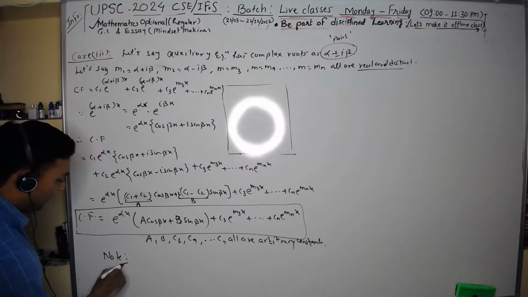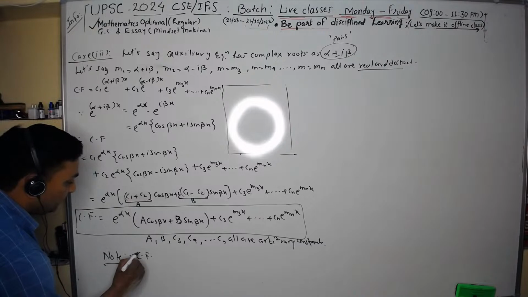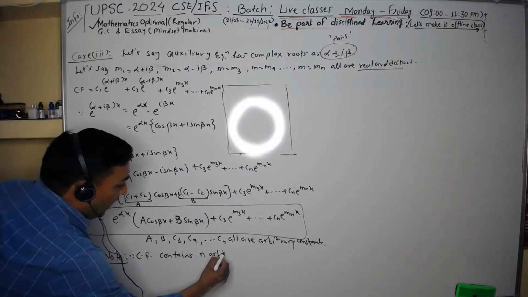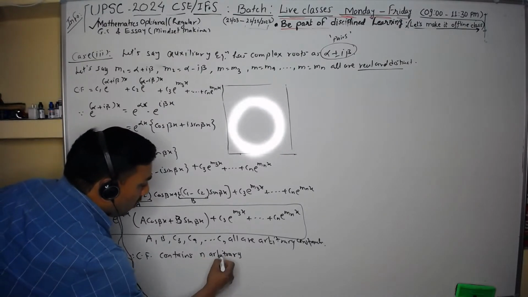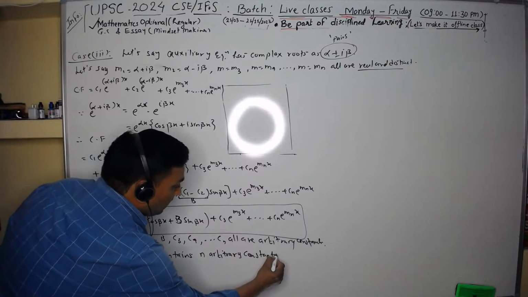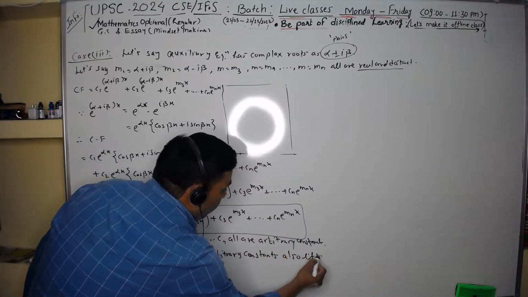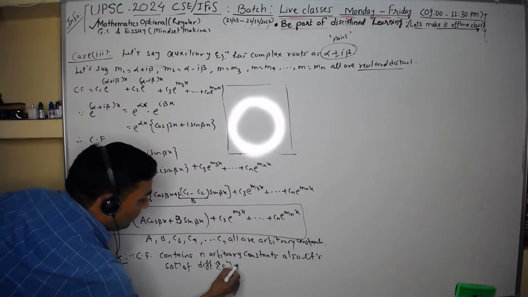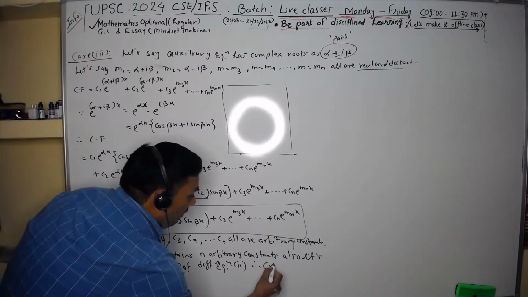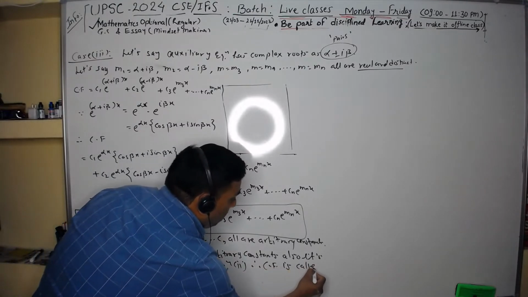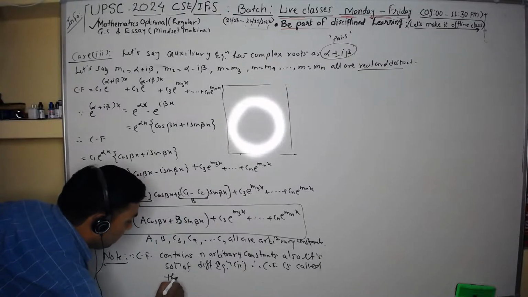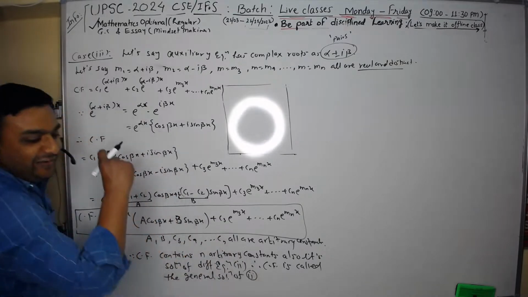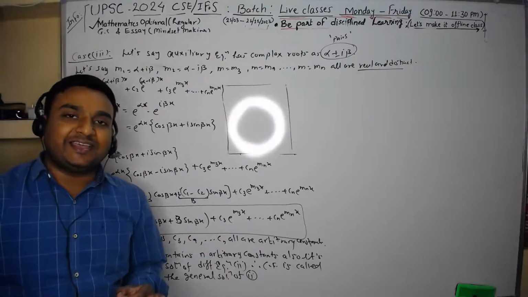Note. Write a note, please, my dear friends. Since CF contains an arbitrary constants, also it is solution of differential equation 2, so CF is called the general solution of 2. What I told you the definition, my dear students?